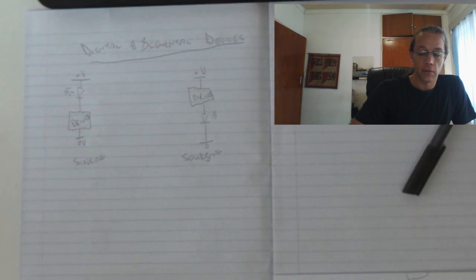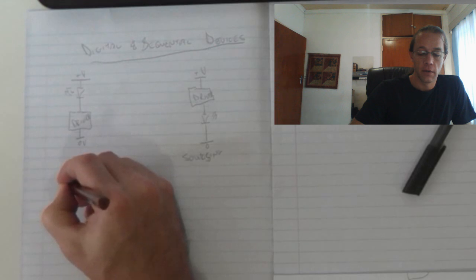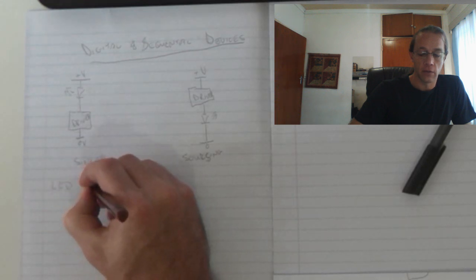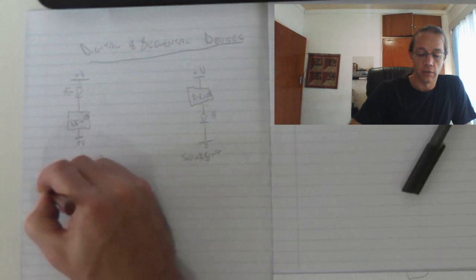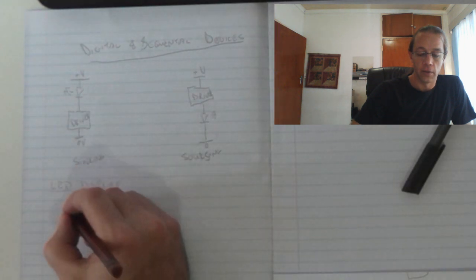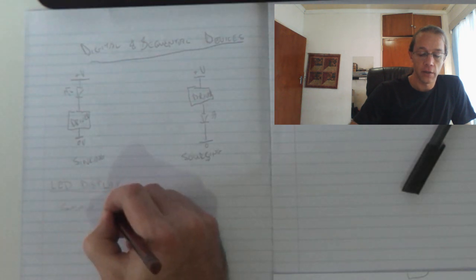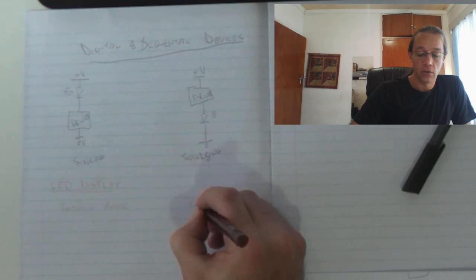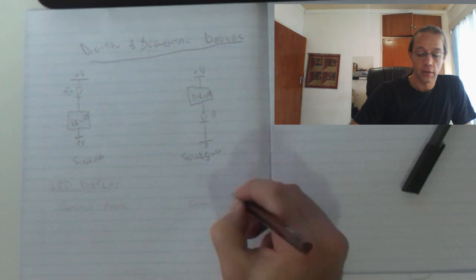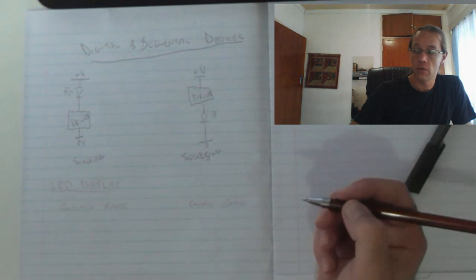Now we get two types of devices when it comes to the LED display. The LED display can come in a common anode or a common cathode configuration.